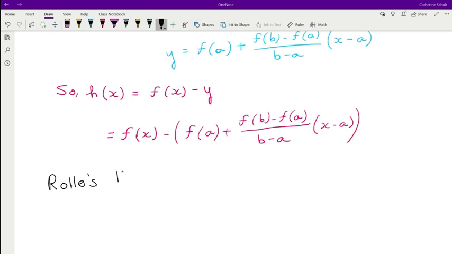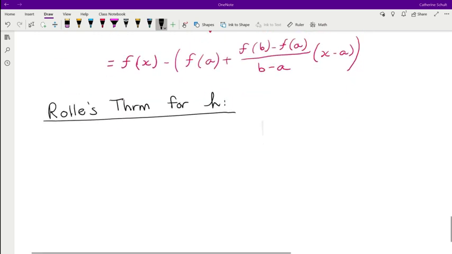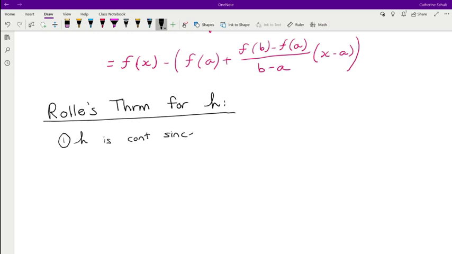But since we want to be thorough in our proof, we can verify all three. First, h is continuous, since f and y are continuous, and the difference between continuous functions is continuous.